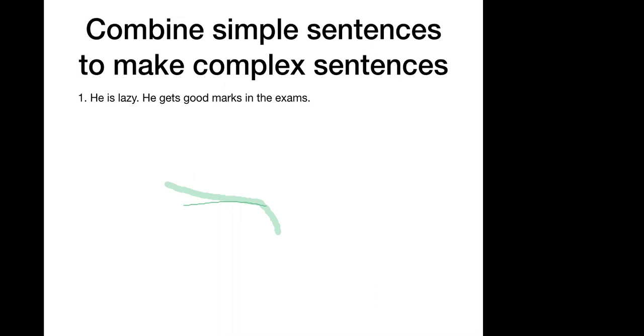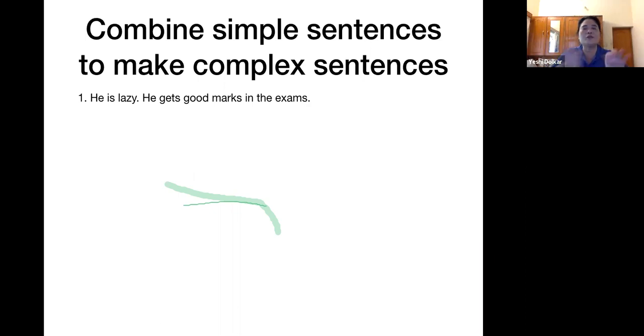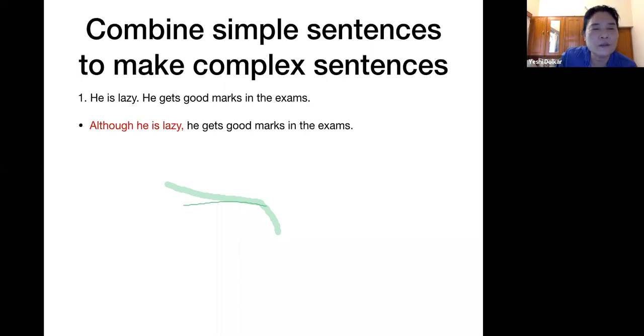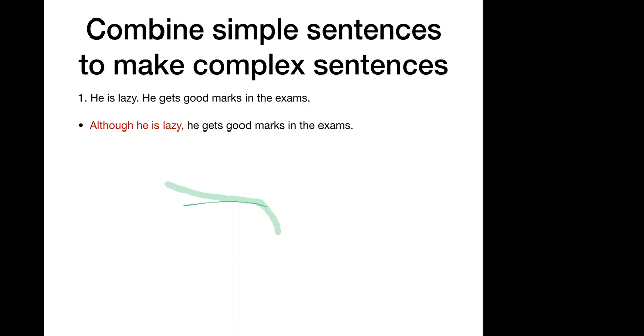The opposite: although he is lazy, he gets good marks in the exams. When you're writing it, make sure you put a comma there. When you're saying it, make sure you pause. Although he is lazy, he gets good marks in the exam.